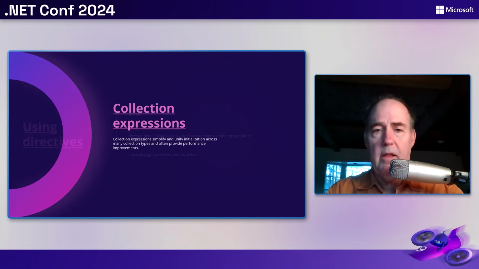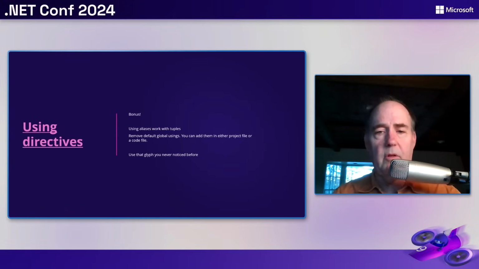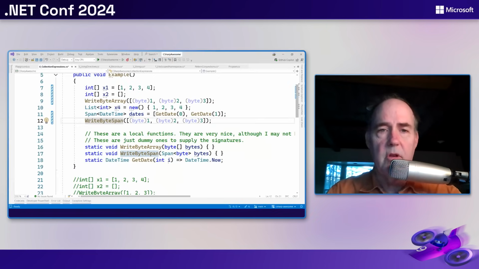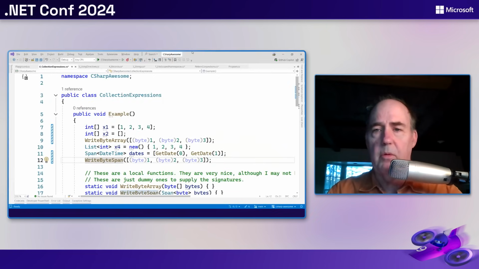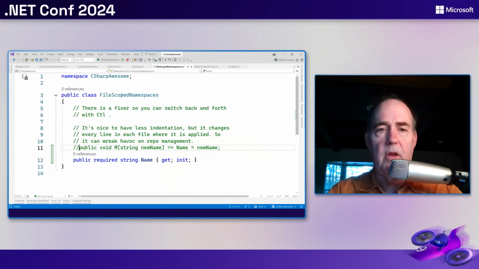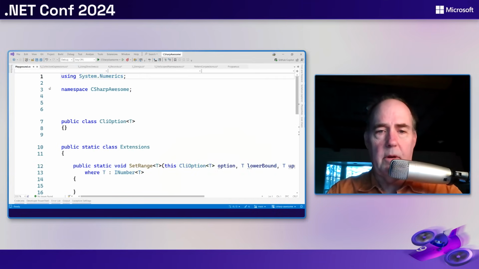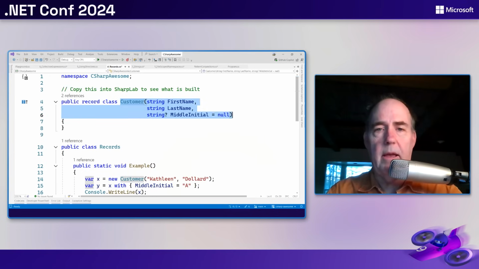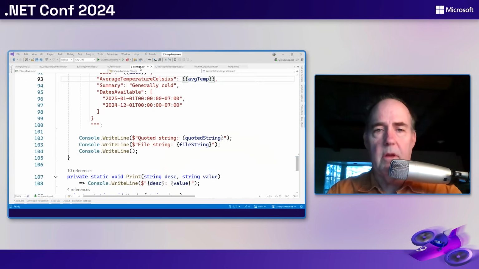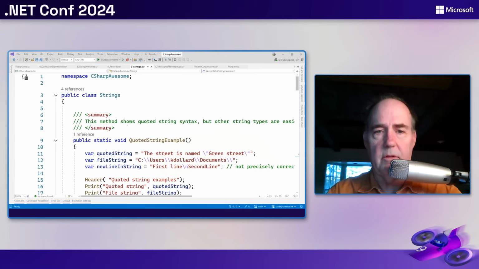Okay. And then finally, I'm just going to show one quick demo of this, if I remember which file this one was in. I can't remember. Where we can put a tuple declaration as an alias.